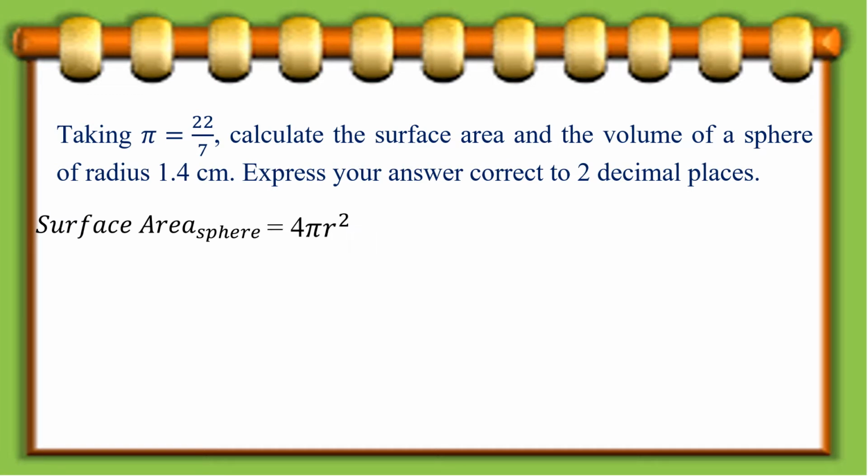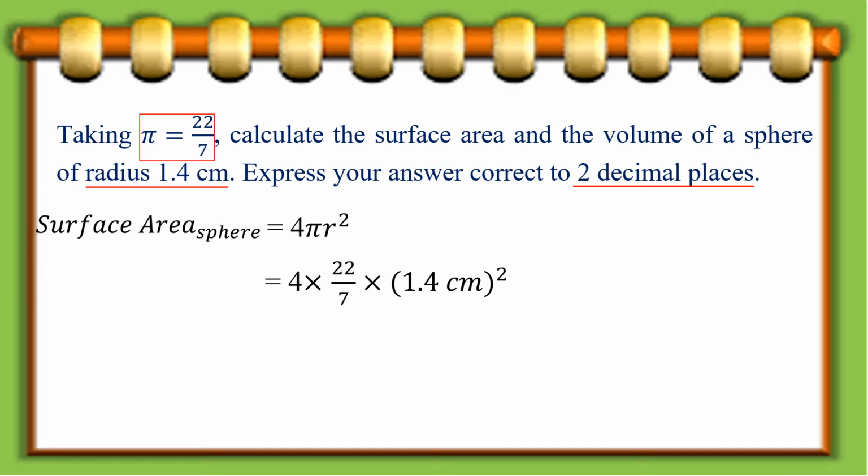We are going to use the formula for the surface area of a sphere, which is 4 pi r squared, where the radius is 1.4 centimeters and pi is 22/7. Substituting, we have 4 times 22/7 times 1.4 centimeters squared, and 1.4 squared is 1.4 times 1.4. Multiplying 4 times 22/7 times 1.4 squared, it would be equal to 24.64.